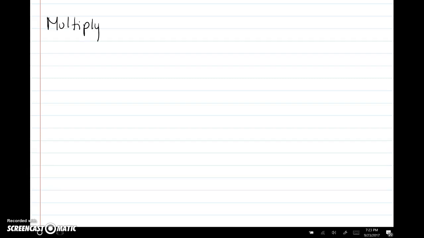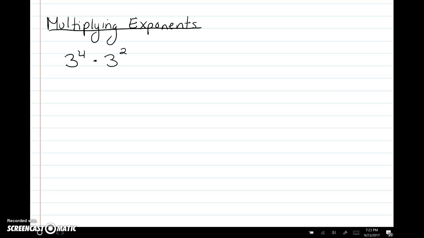Multiplying exponents. Instead of just telling you what to do with them, we're actually going to prove it. I'm going to show you why it works. So let's look at 3 to the 4th times 3 to the 2nd.